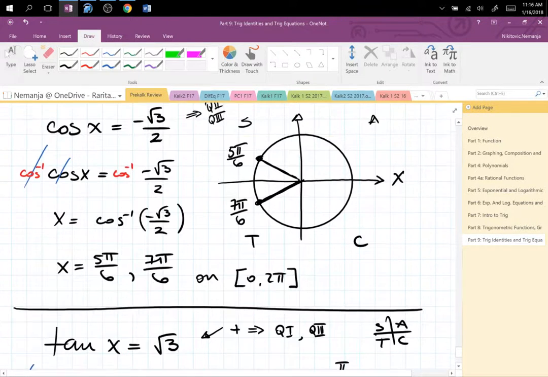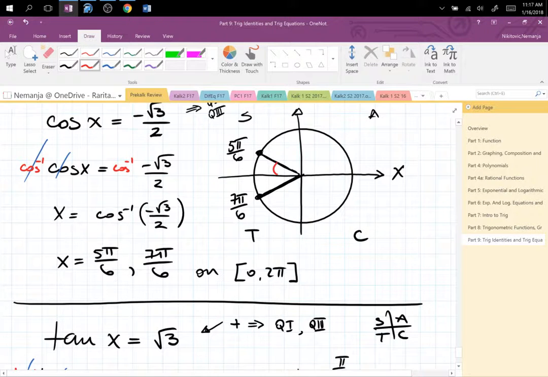And if you go back to each one of these solutions, the reference angle was always what you find from the chart of basic values. You see pi over 6, pi over 6. The solutions were 5 pi over 6 and 7 pi over 6, but the reference angle was pi over 6 going up and going down, because that is what inverse cosine of root 3 over 2 is. It's pi over 6.